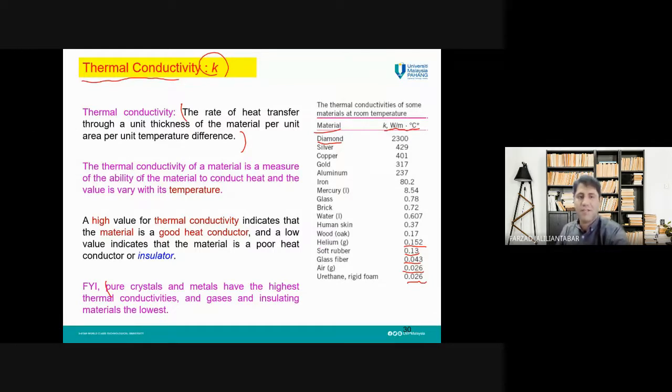So thermal conductivity is an important property of a material. It shows how well a substance can transfer heat. A high value of thermal conductivity means it is good to be used as a heat conductor, and a low value means that substance is good as an insulator.